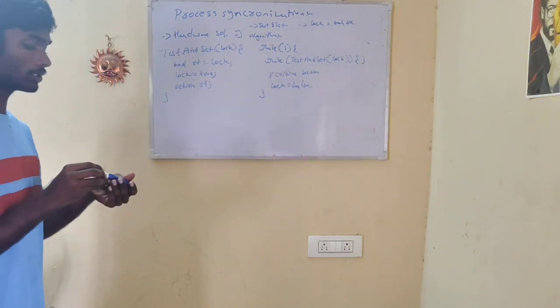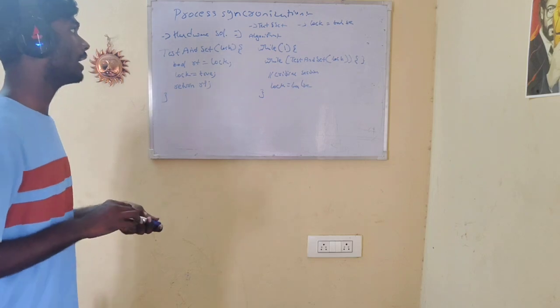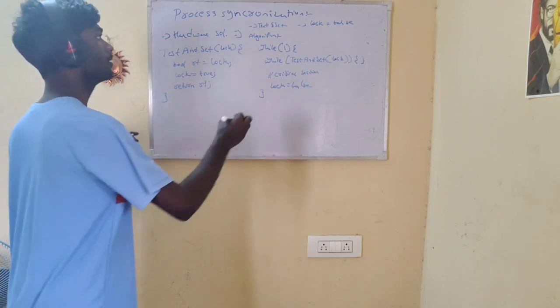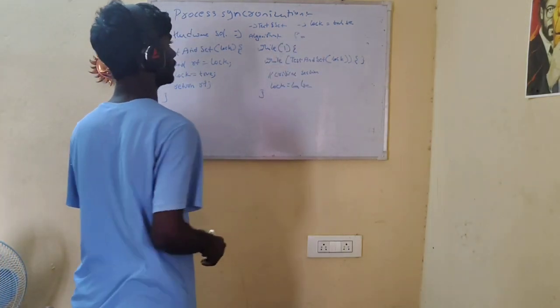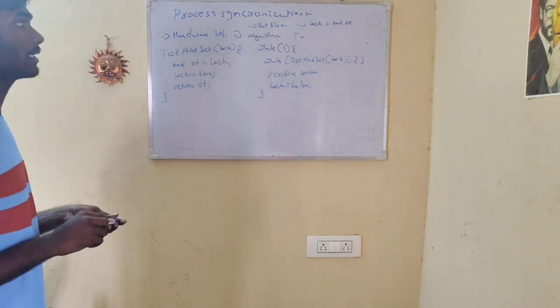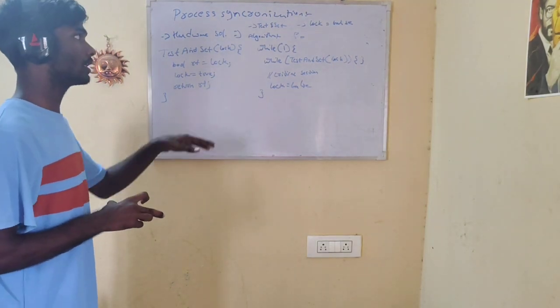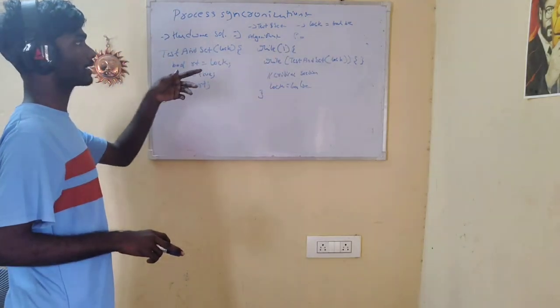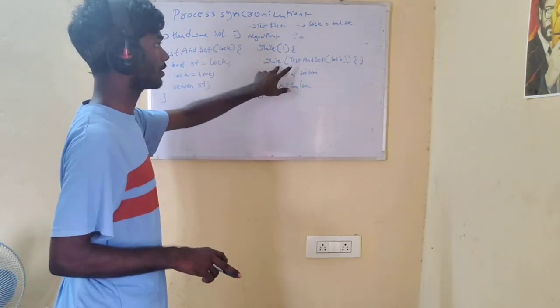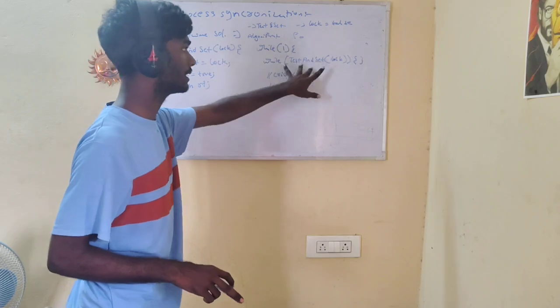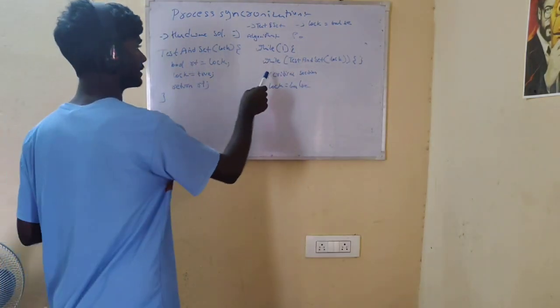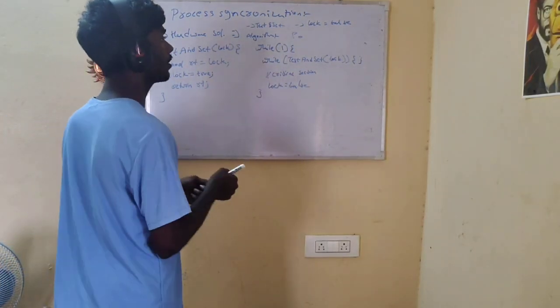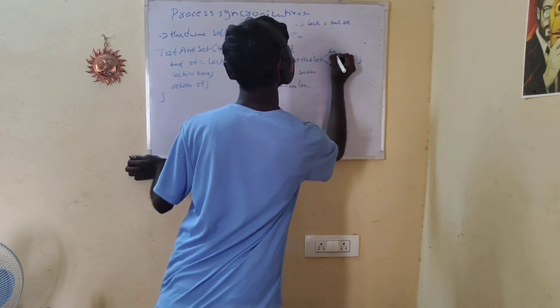Now, how this is going to work: let us consider a process P0 trying to access the critical section initially. Initially the value of the lock is false, and when it's accessing the critical section, we are calling this function inside the loop. We are calling test and set, and inside this function the value of lock will be false.